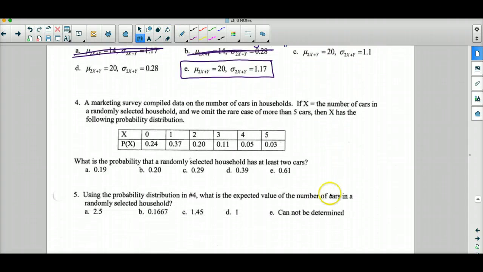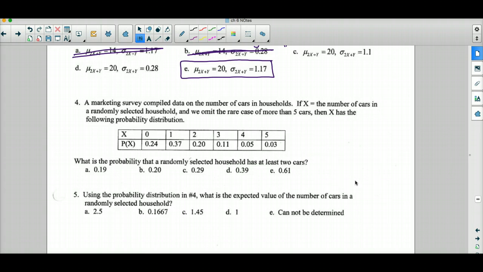A marketing survey compiled data on the number of cars in households. If X equals the number of cars in a randomly selected household, and we omit the rare cases of 5 or more cars, then X has the following distribution. Is this what we did today? Yes. Okay, so what is the probability that a randomly selected household has at least 2?